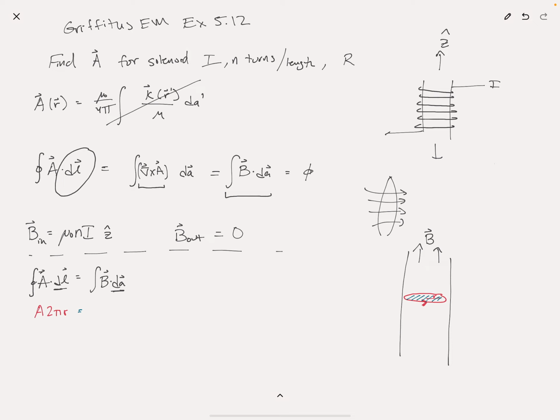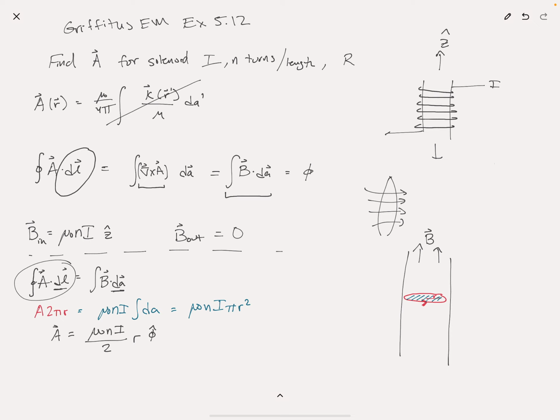That is mu naught NI integral of dA, which is mu naught NI pi r squared. And therefore, our magnetic vector potential is mu naught NI over 2 times r. And then I have to put the direction. That direction comes from taking this dot product in the first place. So my magnetic vector potential points in phi hat.